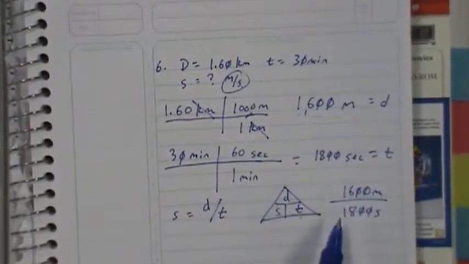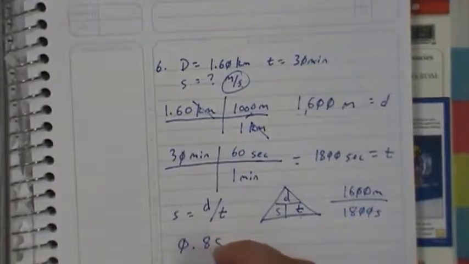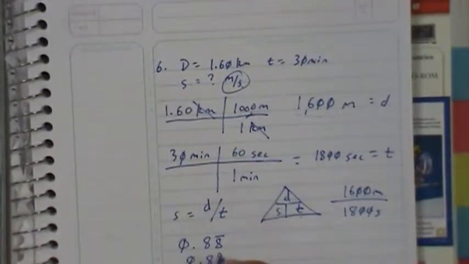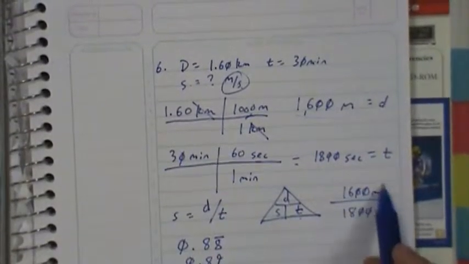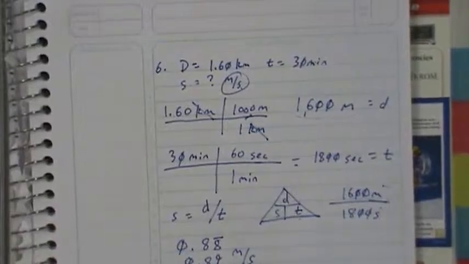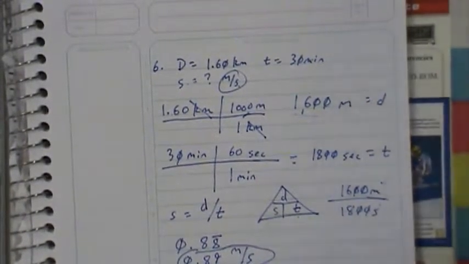I divide 1600 by 1800 and I get 0.88 repeating, so about 0.89. My units are meters divided by seconds. There's nothing that cancels, so 0.89 meters per second would be my average speed for number 6.